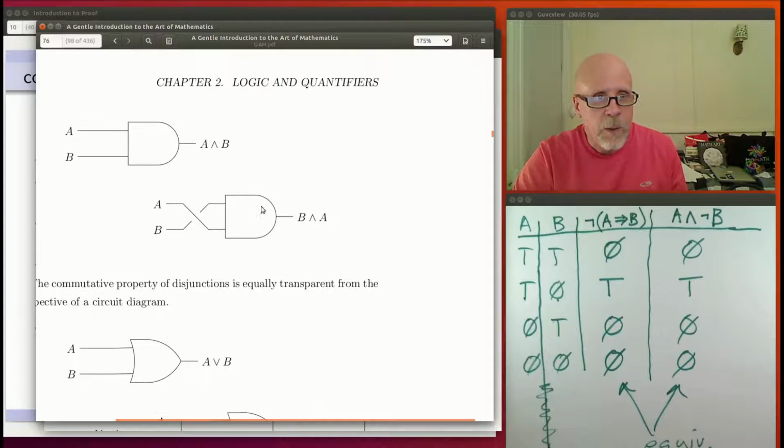This is the commutative law for an AND. The only difference now is that the things are in series. But again, they both have to be energized in order for the voltage to appear on the output line. And so what difference does it make which one comes first and which one comes second? So long as the two of them need to be on before we get output, you've got a symmetry there.